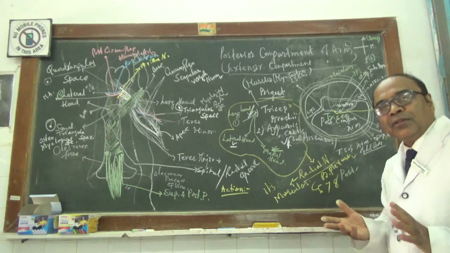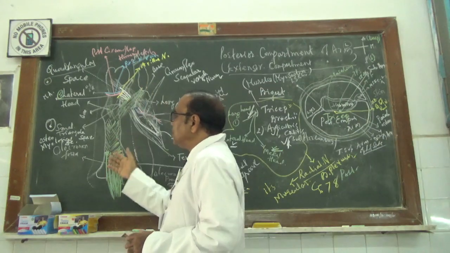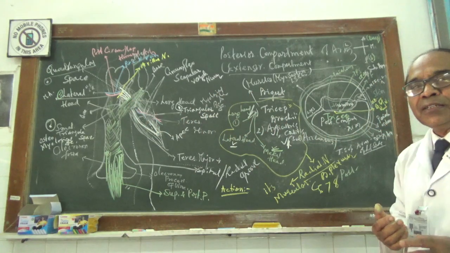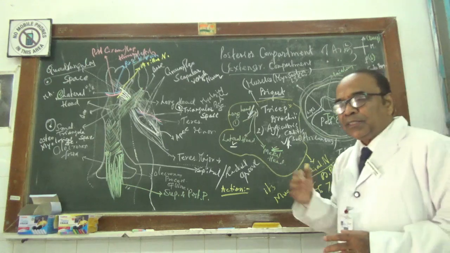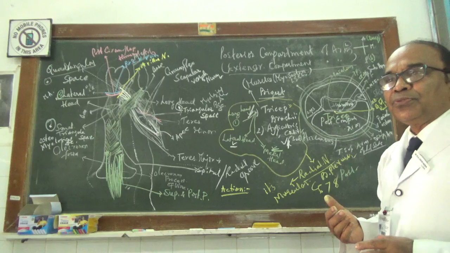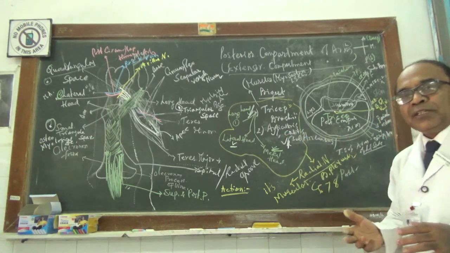It is a neural cause. Now, for example, if the long head, lateral head and medial head fibers themselves are damaged, then also you will not be able to perform the action of all these three heads, and in total the triceps.